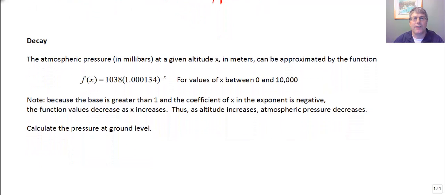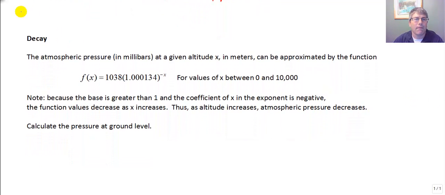Let's take a look at a decay problem. Here we have the atmospheric pressure in millibars at a given altitude x in meters, so the altitude height is in meters, can be approximated by the function f of x equals 1038 times 1.000134 all raised to the negative x power.